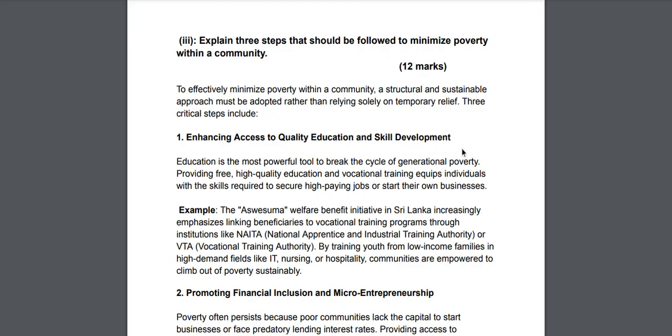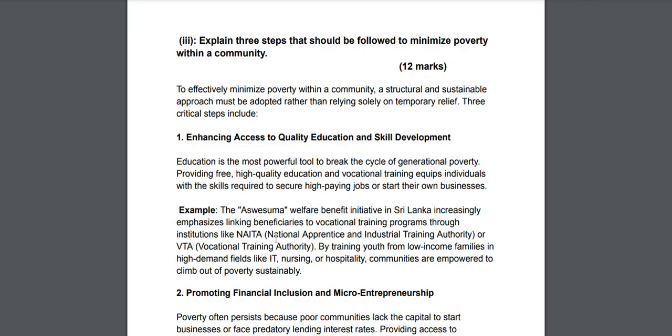So what we can do, we can develop the skills of the people through different programs. So what are those projects, what are those things in Sri Lanka? So here you can see Aspasuma, right? So this is a good example. Actually you can use that one, right? And also here you have another institution that is NITA.